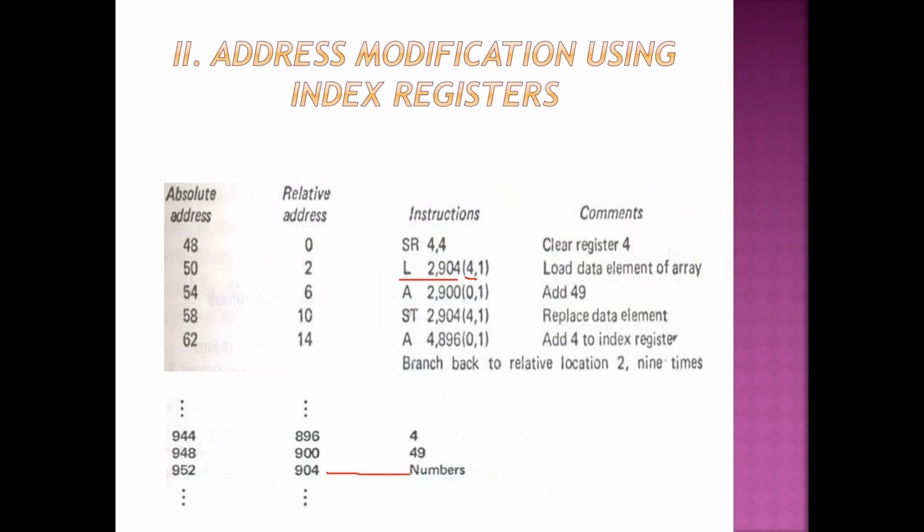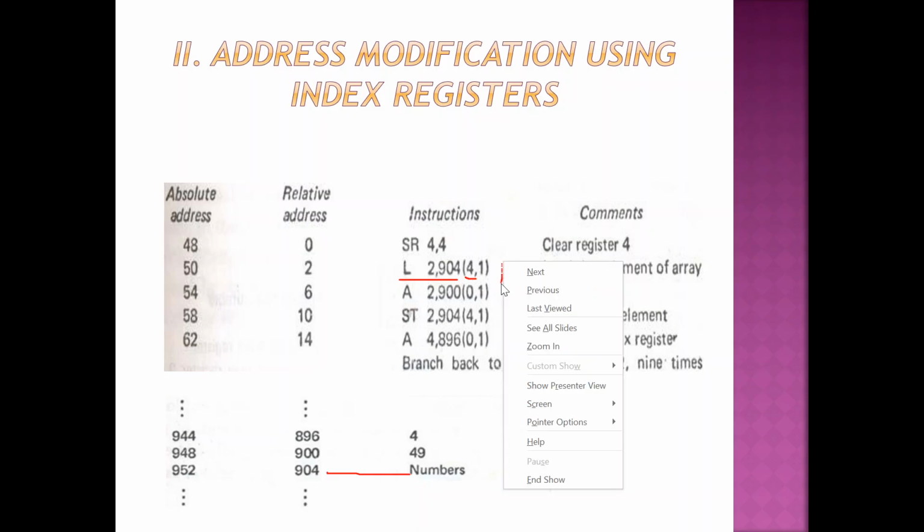That is why we say register 4, so that you remember it will be done. How, we will see a little later. So instead of index register 0, here the index register is register 4. No other change in the program.